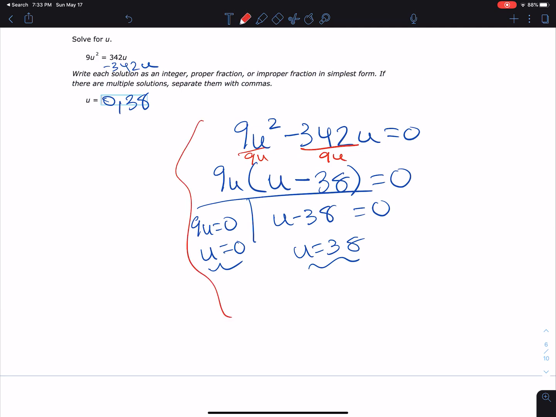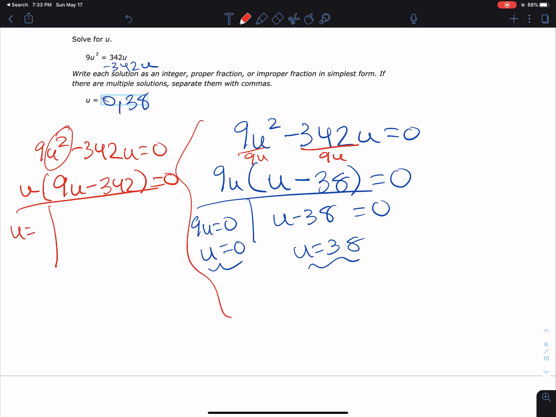So check this out. So if I had 9u squared minus 342u, all you really have to take out is the u, because what you need to do is separate anything that's squared, because you need to get everything separated. Then you'd have 9u minus 342. Then when you branch off, you'd get u is 0.